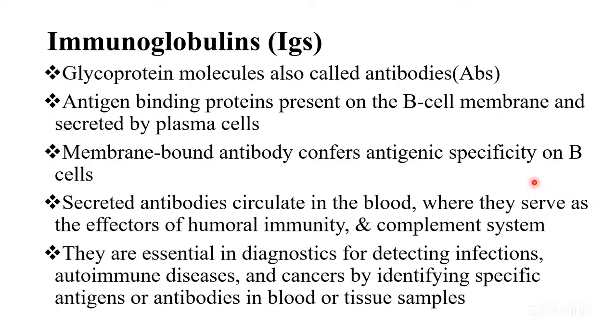They are the ones effective in facilitating humoral immunity, the one that's not cellular. They also help in the complement system, complement fixation, and the formation of the membrane attack complex, those immunological aspects related to clearance of microorganisms and other foreign substances in the body.